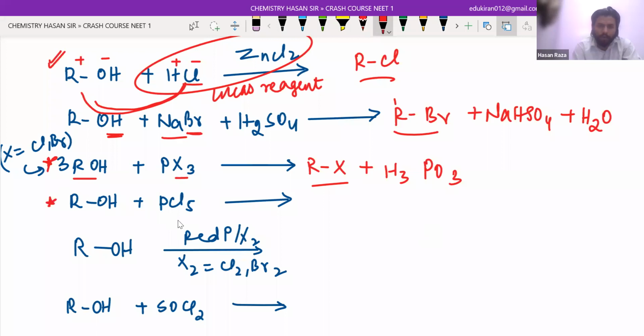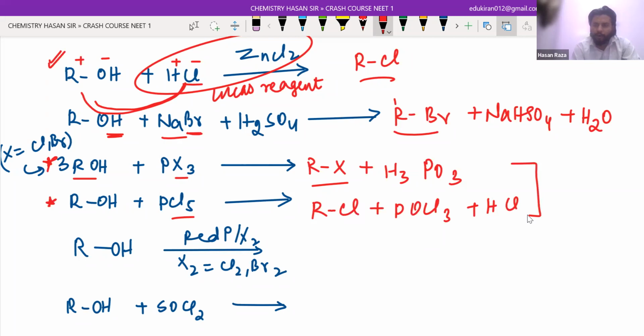So you will get RCl along with POCl3 and HCl. The byproducts of both reactions are important; it has been asked many times. Now you can see RX, and here it is RCl along with SO2 and HCl.